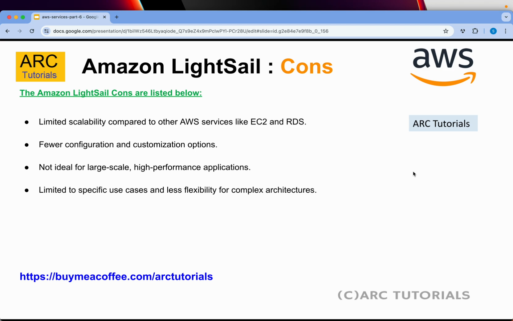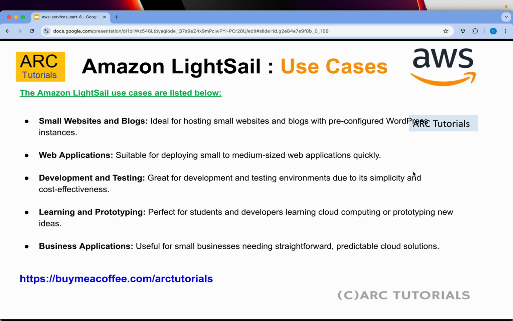but not really ideal for large scale high performance applications. What are some of the real world use cases? Run a small hosting website or a blog with pre-configured applications like WordPress or LAMP. If you want to try out your web application and just get quick hosting, you can use Amazon LightSail.